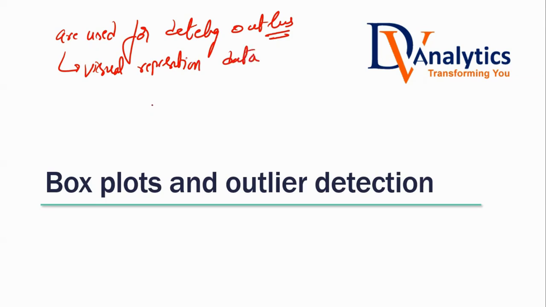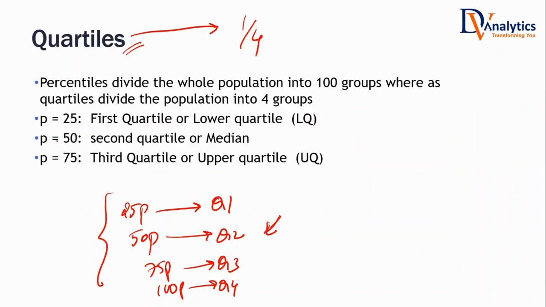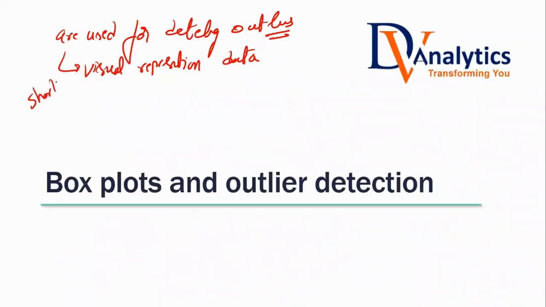By looking at that representation, you will be able to quickly detect whether there are any outliers or not. We have already detected outliers before, but this is the shortcut method.